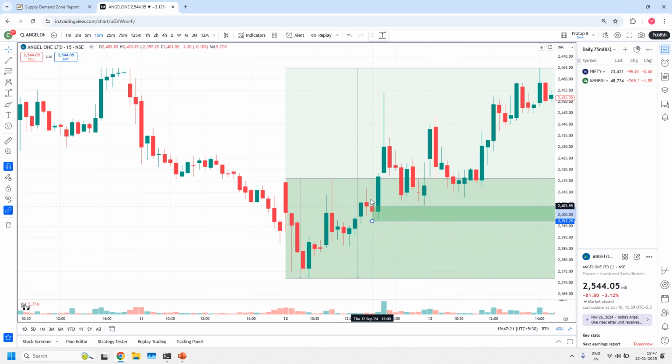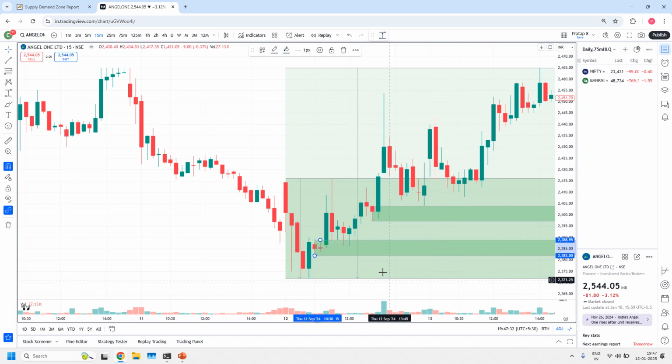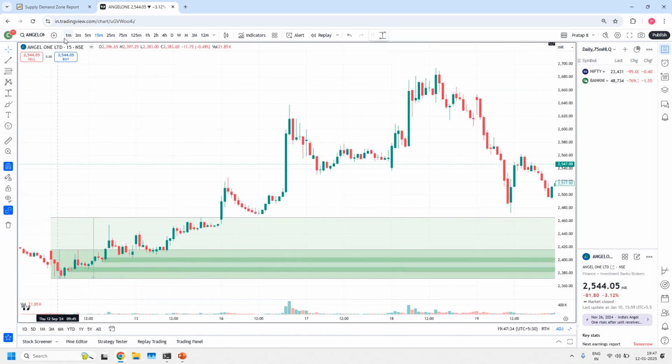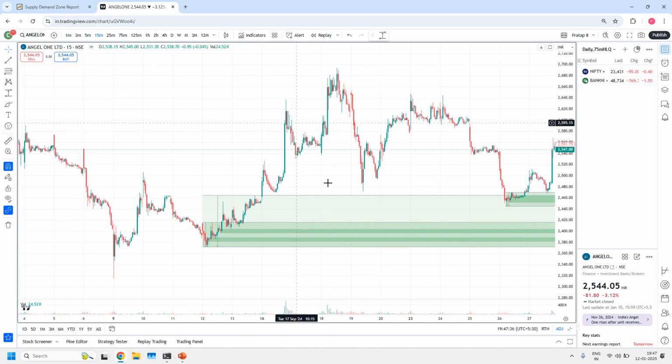Or otherwise, you can draw the zone like this. Failed ERC candle, base, rally. And here also rally, base, rally. So total we have 3 order flows, 15 minutes order flows.